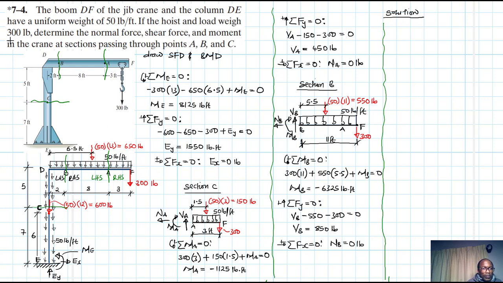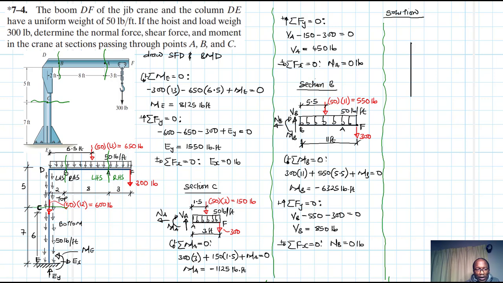So we have the bottom section, and the top section. All right, so let's draw it. We're going to have something like this.